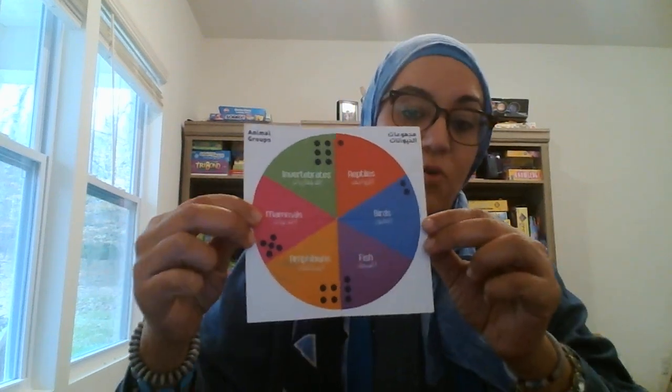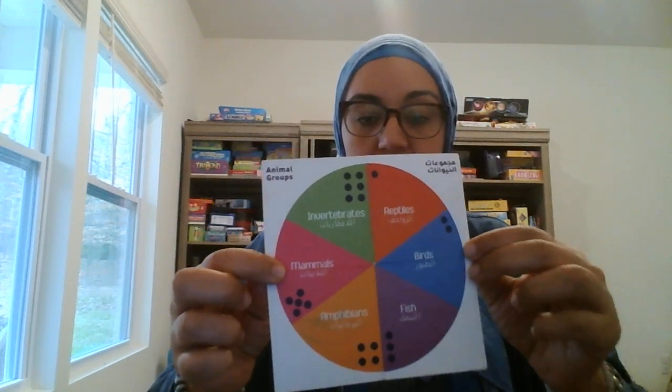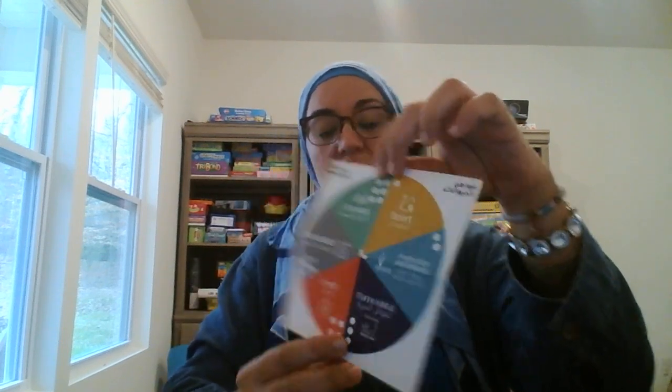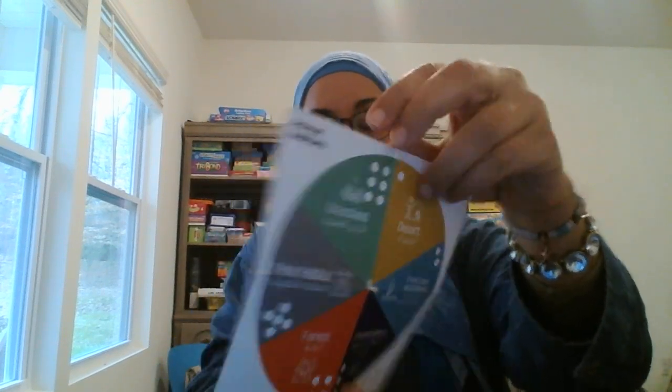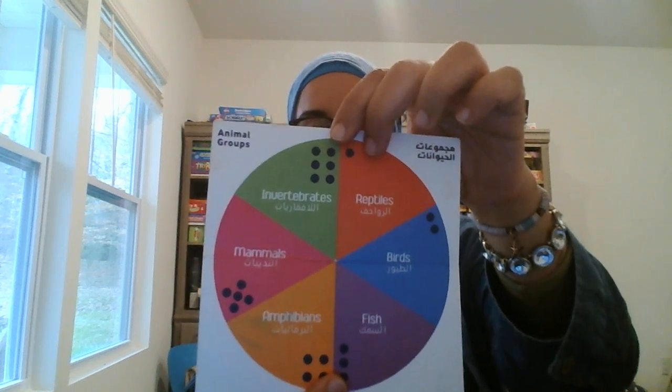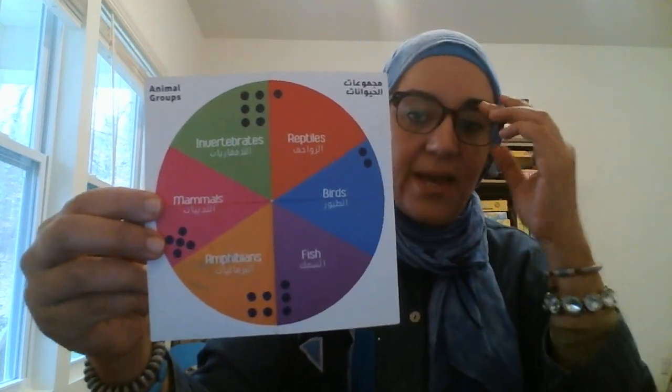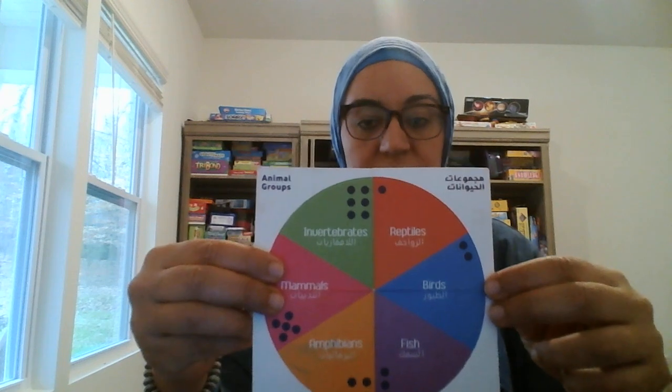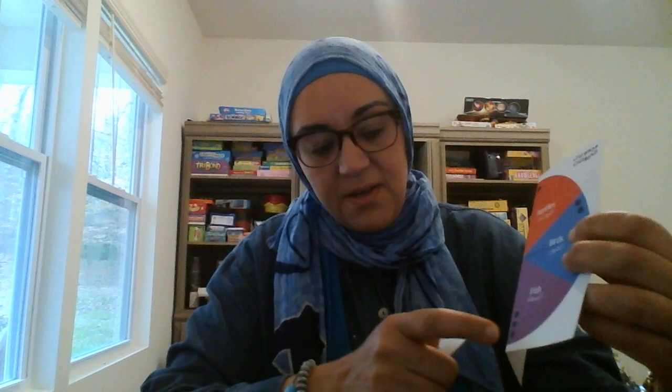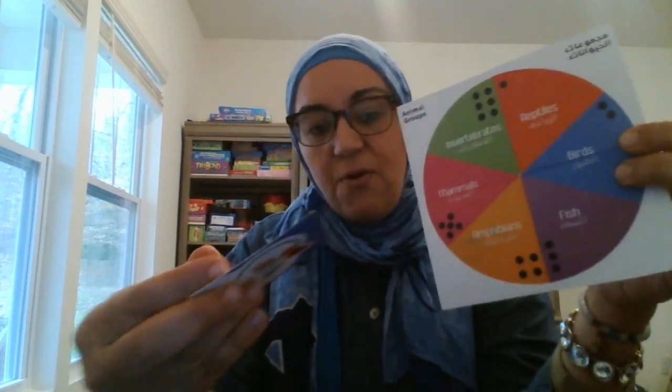And then it comes with a tiny two-sided board, one for the habitats of the different animals and one for the animal groups. Each one has numbers on it, like the dice numbers, 1 through 6. The way you play is you distribute the cards to all the players, and then you roll the dice. If you get 3, like here, that will be this card.